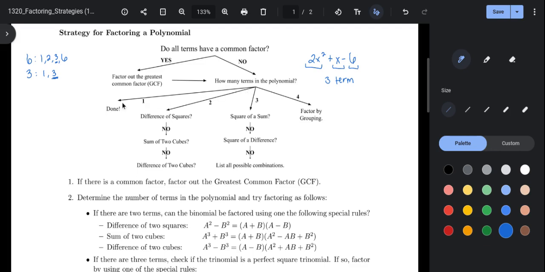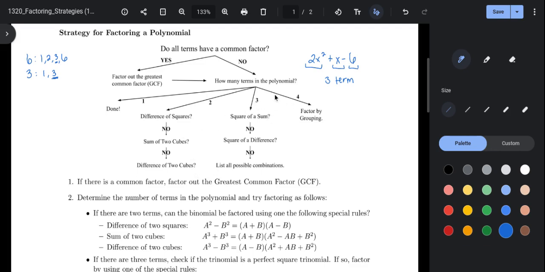So if we have a 1-term polynomial, we're done. It can't be factored into a lower degree polynomial. If we have 2 terms, then we're going to look for these 3 different things. Is it a difference of squares, a sum of 2 cubes, or a difference of 2 cubes?